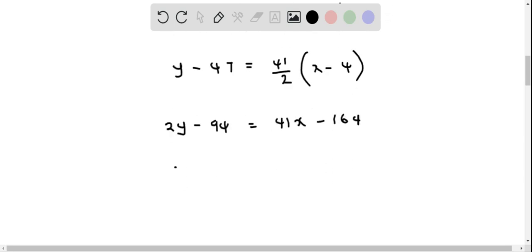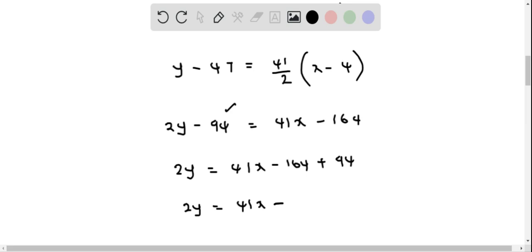So therefore we write 2y equals 41x minus 164. We add plus 94, and so this equals 2y equals 41x minus 70.